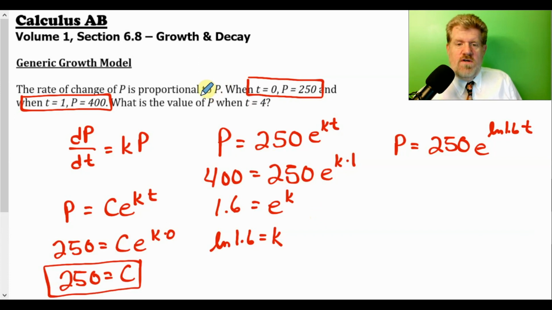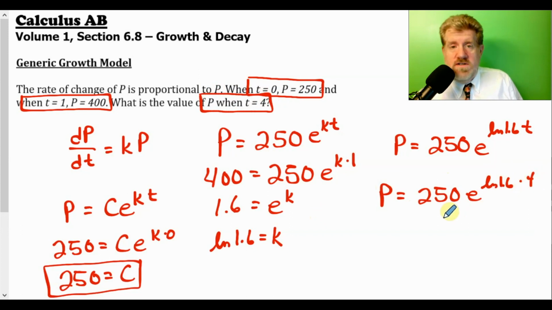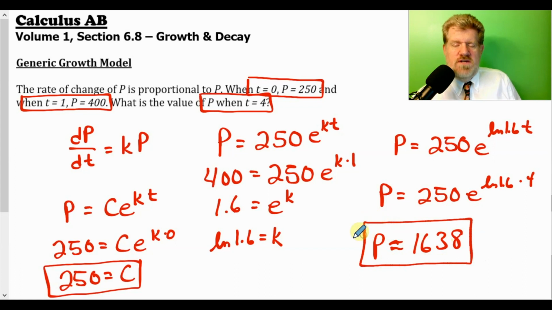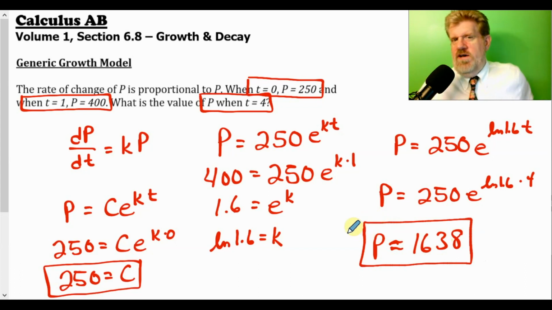We're asked to find out what is p when t equals 4. And that's just a flat-out calculator exercise. You just plug that into your calculator, and you get p is approximately 1638. There's a decimal involved, but I'm going to keep it as a whole number because I'm assuming my p is population, and so we're not going to have fractional people. We're going to have whole people.